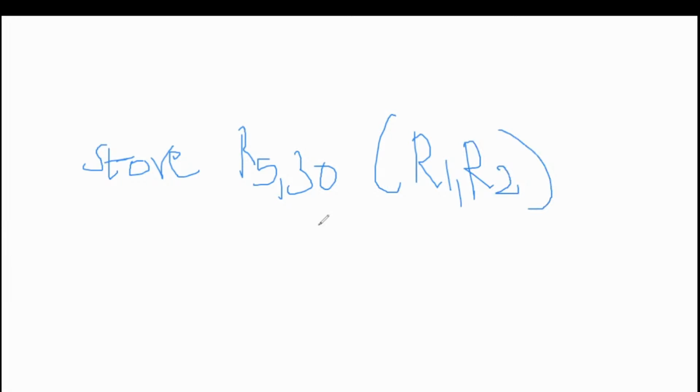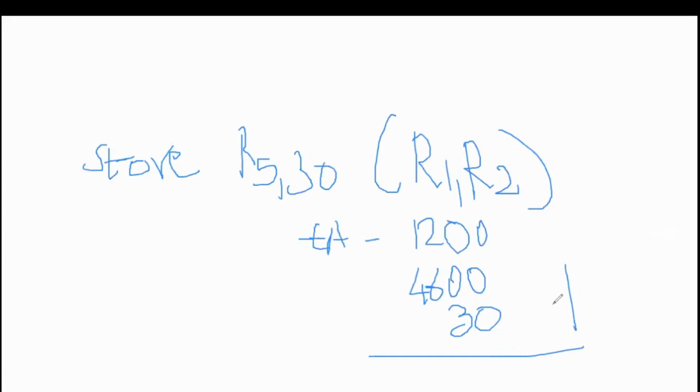What is the value of R1? They have given 1200. R2 is 4600, plus 30, which is the offset. Now add it: 5830. So 5830 is your effective address.